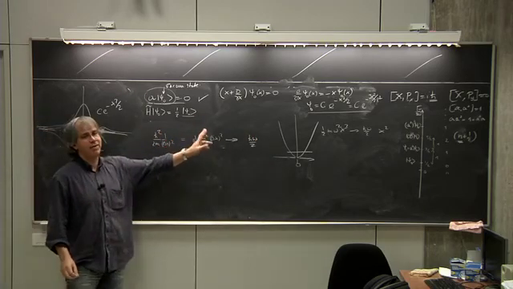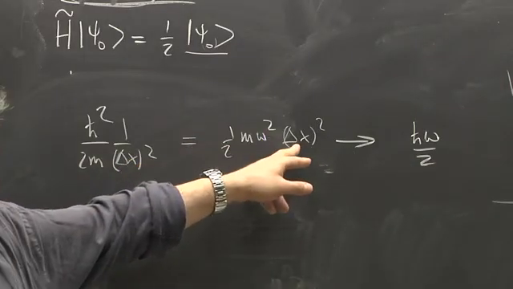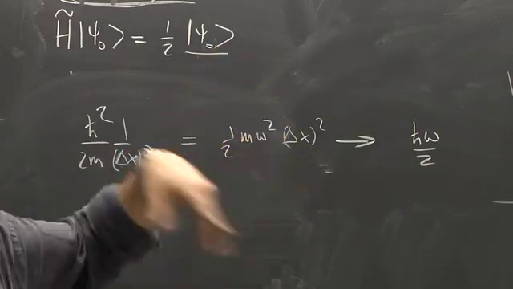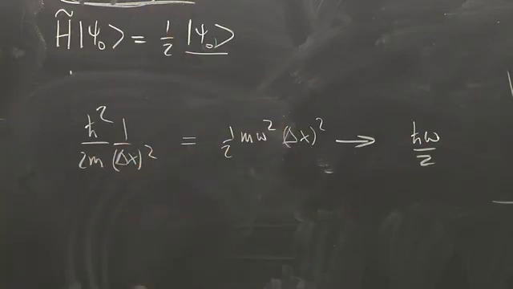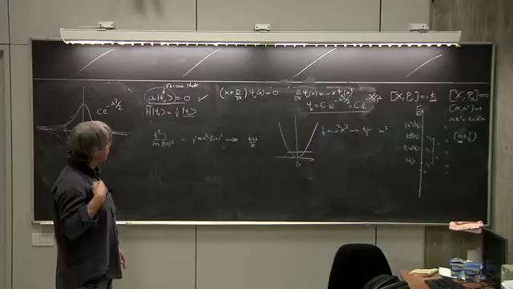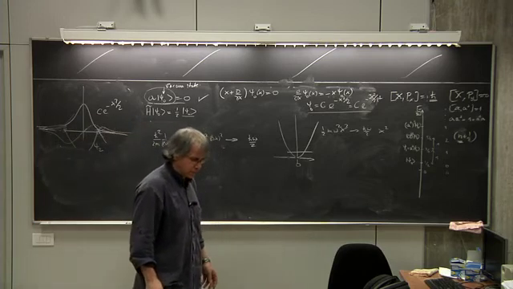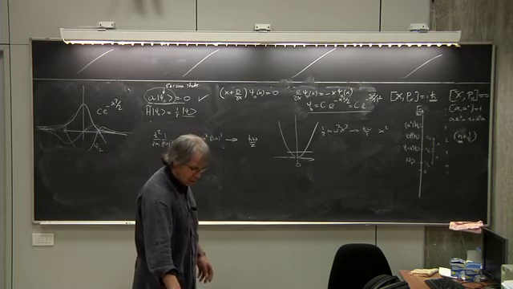Anything that disfavors, for instance, kinetic energy in favor of potential energy, or vice versa, pays more. This is the best you can do. You can prove it. Never mind.